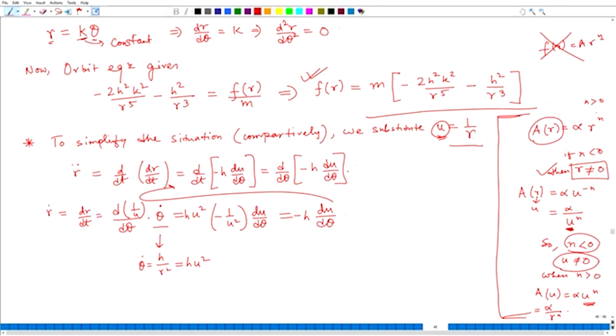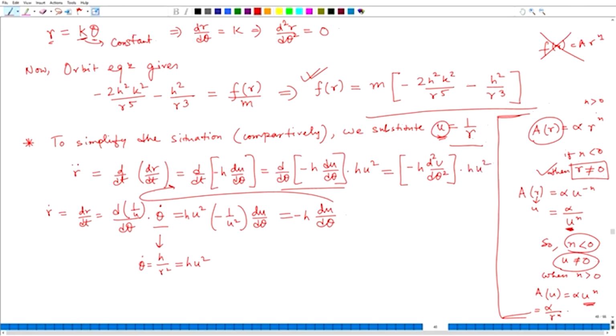So d theta dt is theta dot, which is nothing but h u square. Now, what is this? This has two terms. The first term is minus h d2u d theta 2, and the other is d d theta of h, which is 0, because h is constant. So it is as simple as that, times h u square.